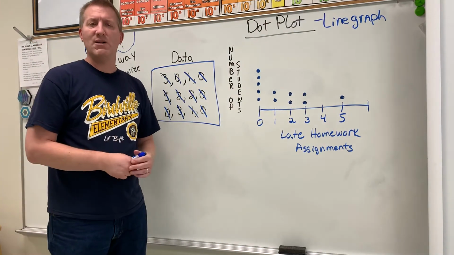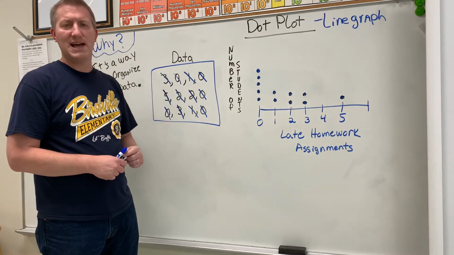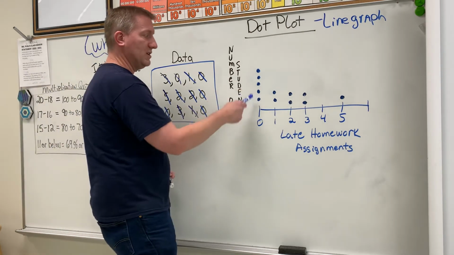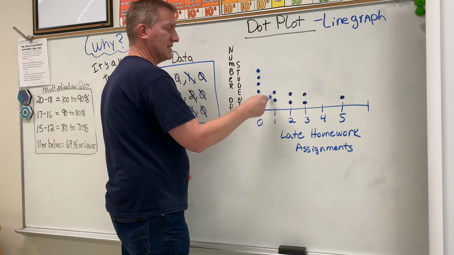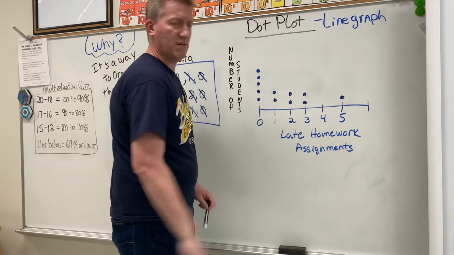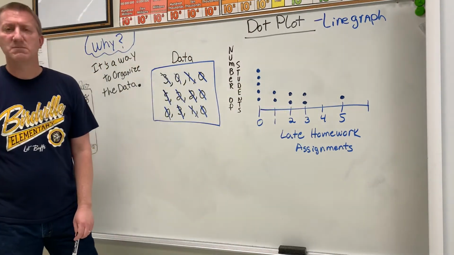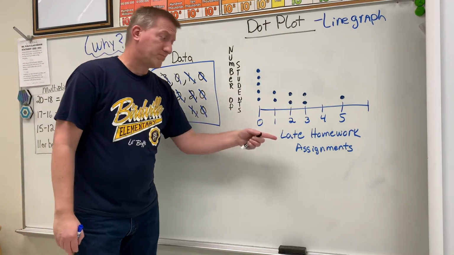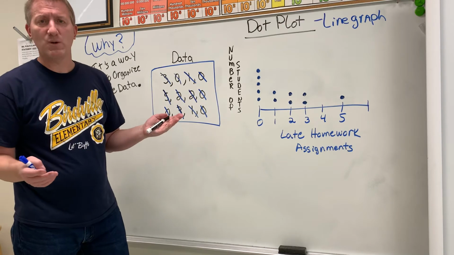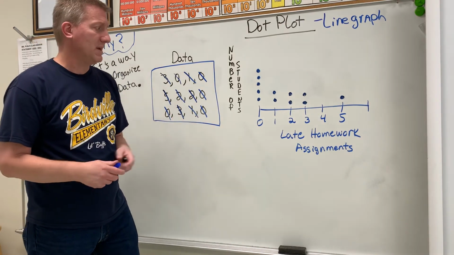How would you find out how many students were in the class? Well, you could just count up the total number of dots here. And you would say 5, 6, 7, 8, 9, 10, 11, 12. There's 12 students in Mr. Poole's class then. Okay, so there's a lot of different questions you can ask about it.